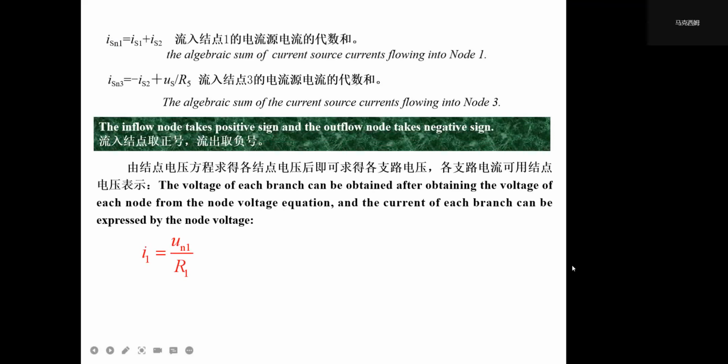Once we have solved those equations and have the node voltages, we can calculate the branch voltages, and the branch currents can be represented by combinations of them. For example, I1 equals UN1 over R1, I2 equals (UN1 minus UN2) over R2, and I3 equals (UN2 minus UN3) over R3, and so on and so forth.